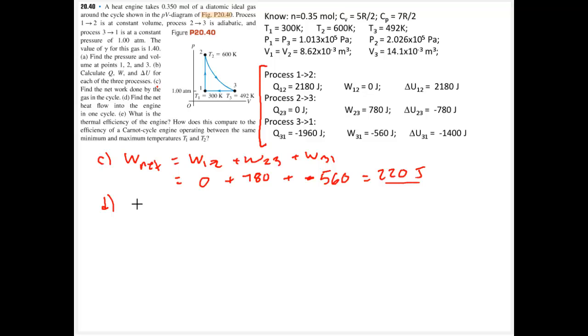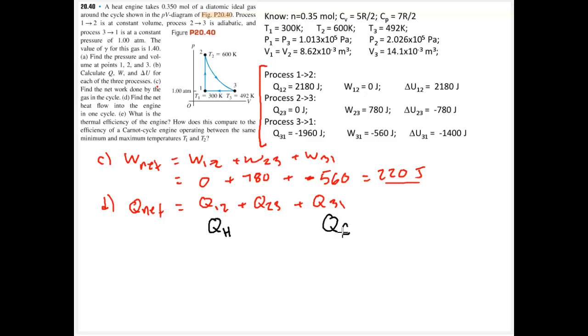Let's also take a look at the net heat flow into the engine. So it's going to be the same thing. Q net is going to be equal to Q12 plus Q23 plus Q31. Just making an aside that Q12 is positive, so this is going to be QH, that's going to be the heat flow into the system.